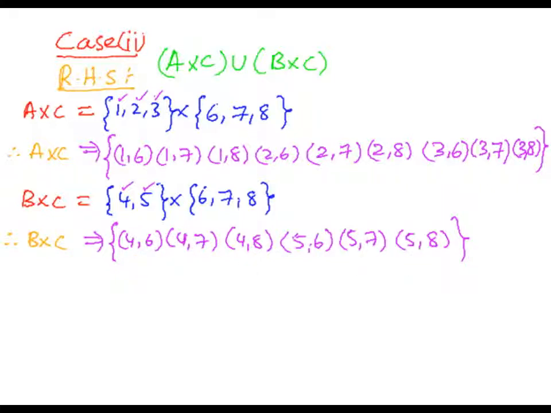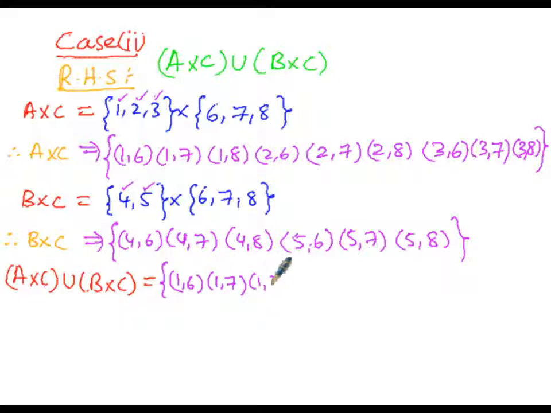Then now, but here we have to find out on the whole A cross C union B cross C, that equals to set consisting A cross C elements. So A cross C elements are of these, that is 1, 6, 1, 7, 1, 8, 2, 6, 2, 7, 2, 8, 3, 6, 3, 7, 3, 8.